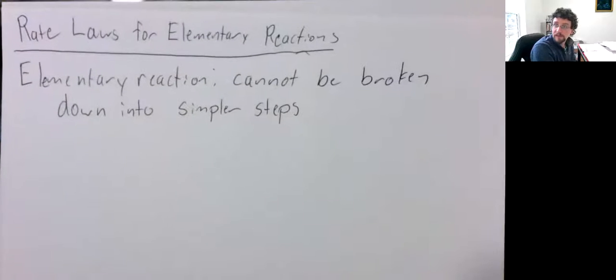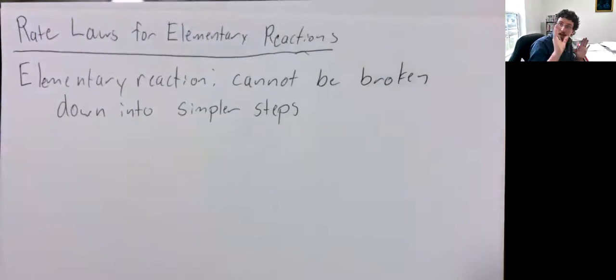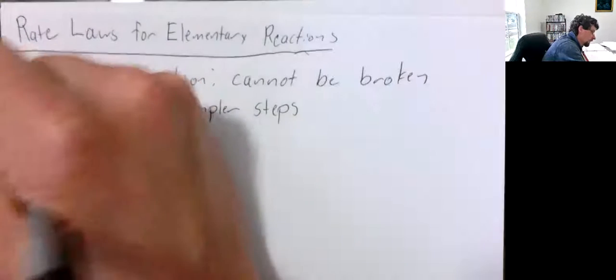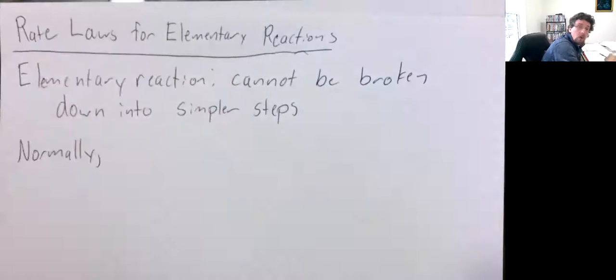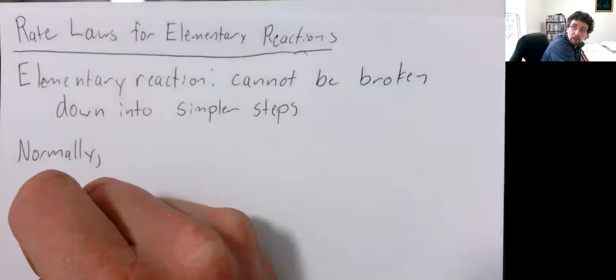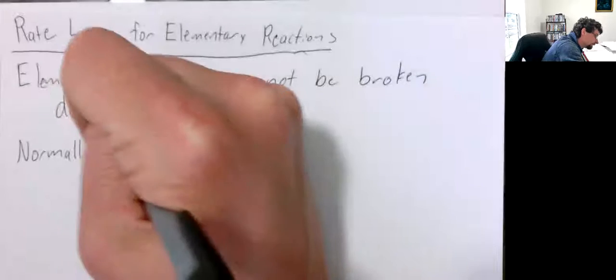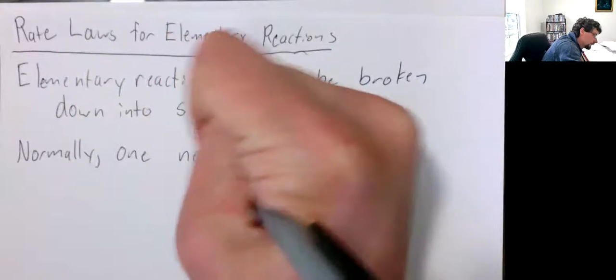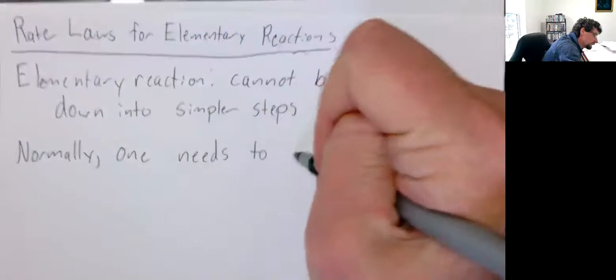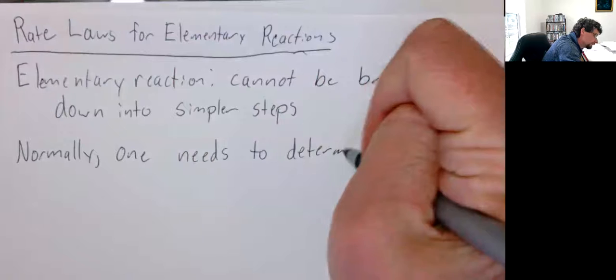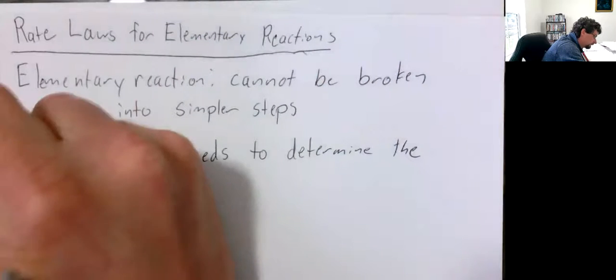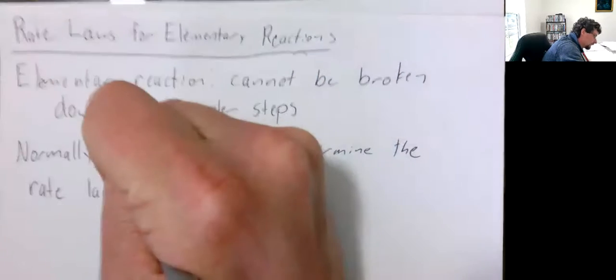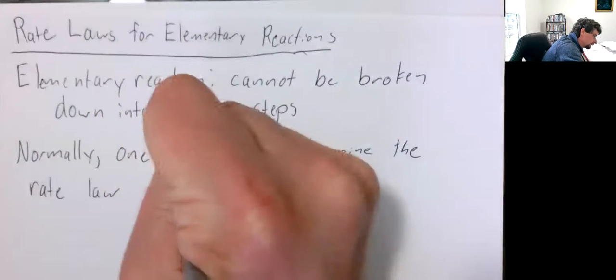And I'm going to preface this. This is a big disclaimer that you have to pay attention to. Normally, one needs to determine the rate law from experiment. One needs to determine the rate law experimentally.